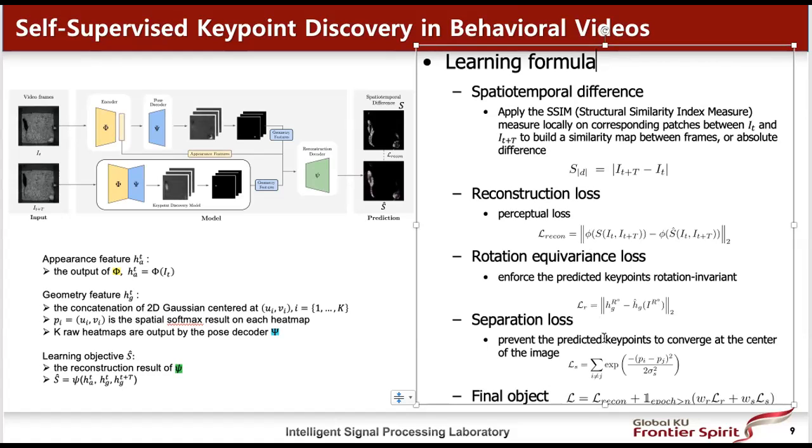It is introduced to prevent the predicted key points from converging at the center of the image, and P represents the location of the predicted key points. Finally, the final objective is the combination of the reconstruction loss, the rotation equivariance loss, and the separation loss.